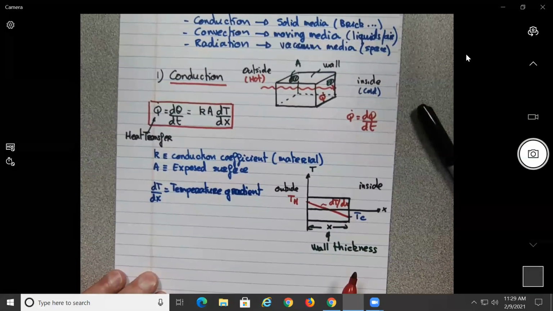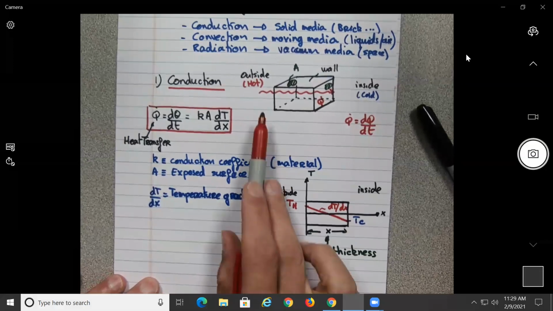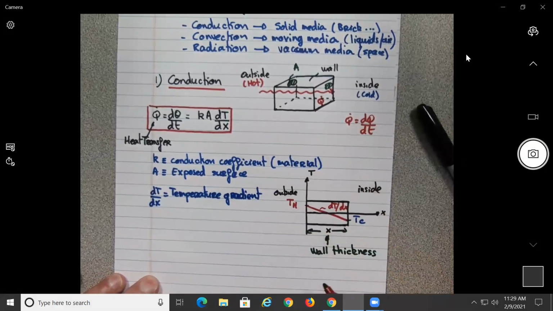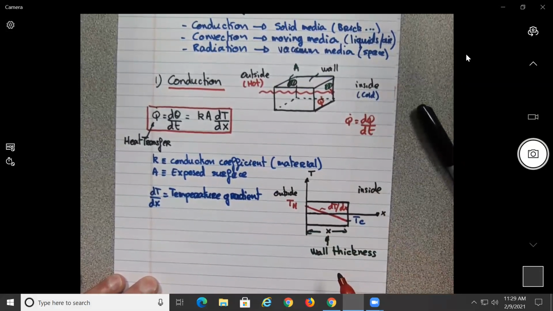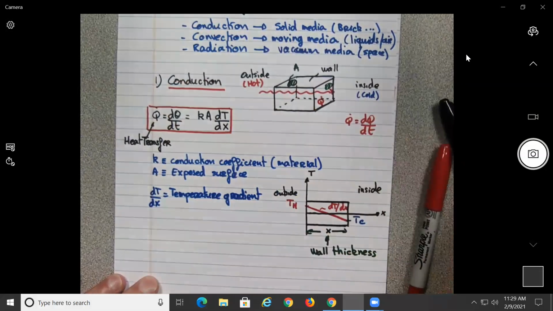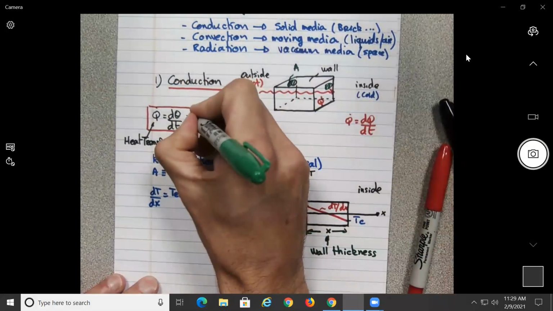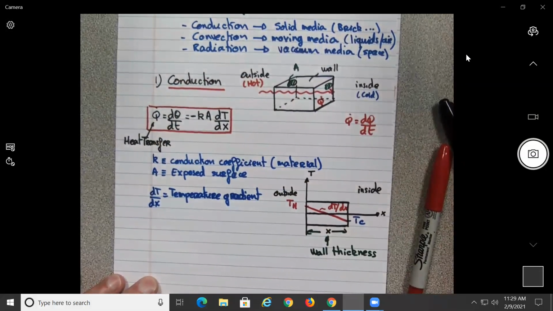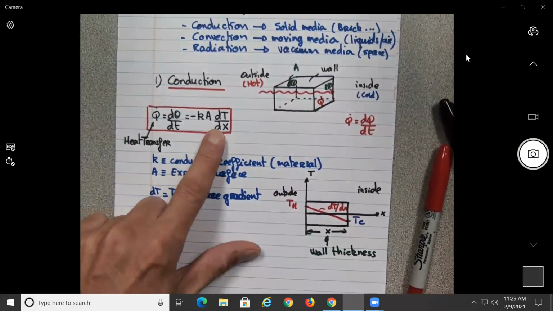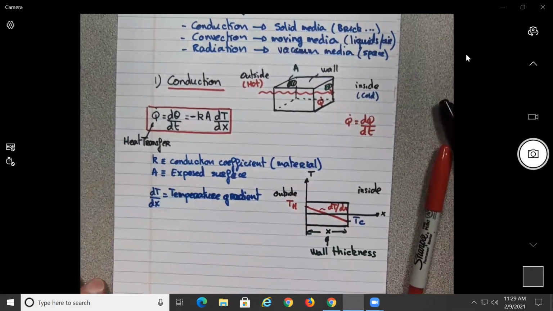But we know that the heat going from hot to cold is positive. Yeah? So what do we need to do? We need to put a negative value over here, for the equation to be correct with the sign convention, no? Because this is negative, negative, negative will give positive.